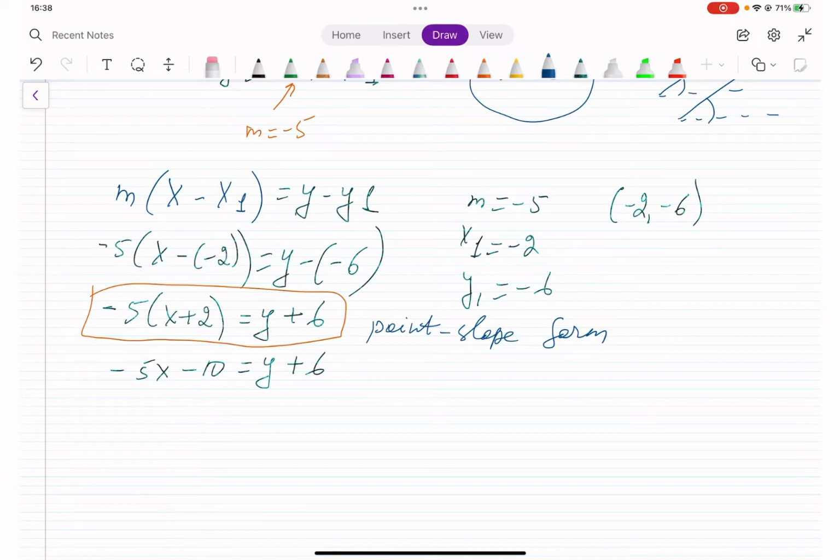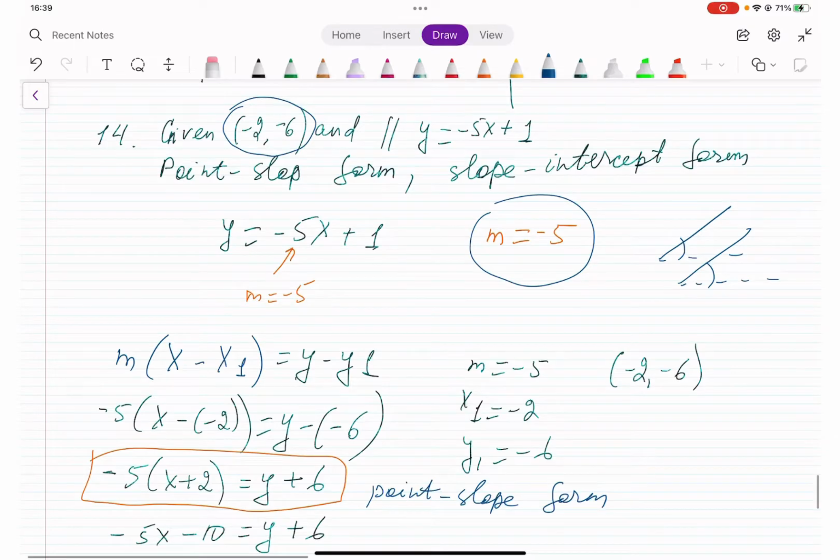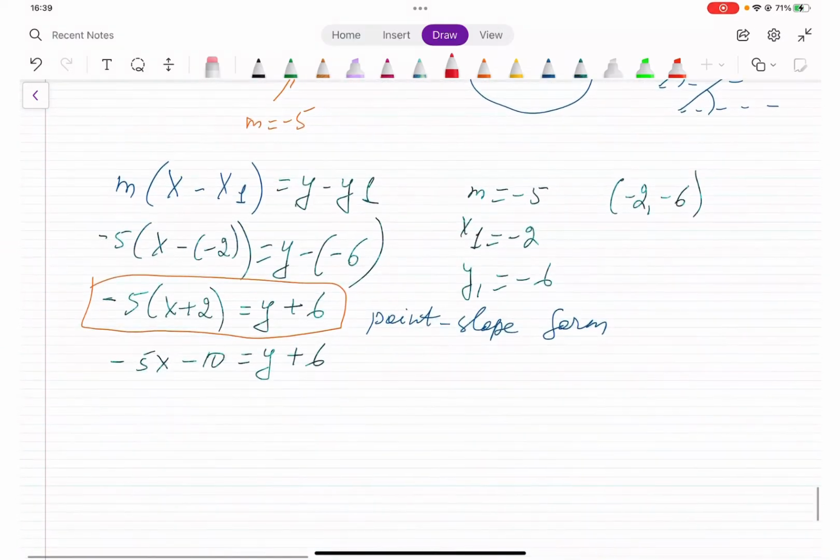Now next we are going to find slope intercept form for the equation that is running parallel to the given equation y is equal -5x plus 1. Okay, so let's distribute it. -5x minus 10 equal y plus 6. So from here, -5x minus 10 minus 6, because I moved 6 to this side, gonna flip the sign, -6 equal y.